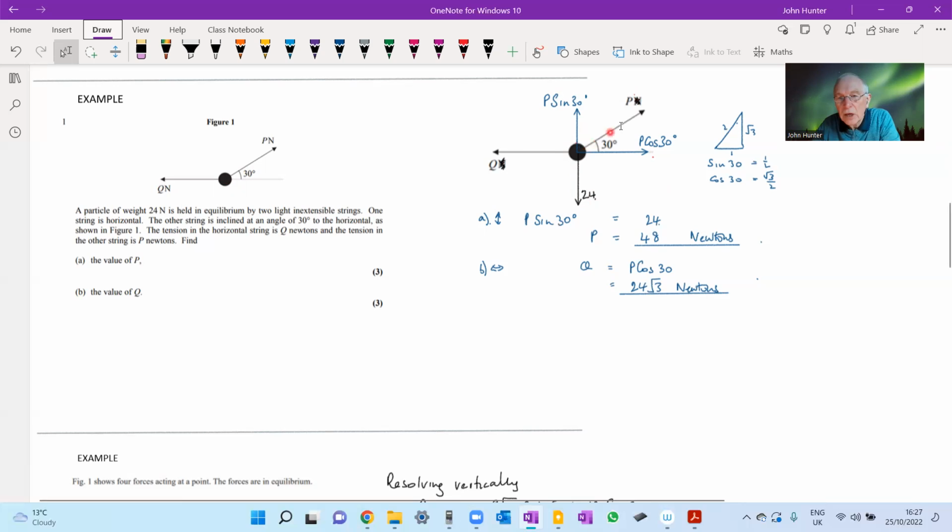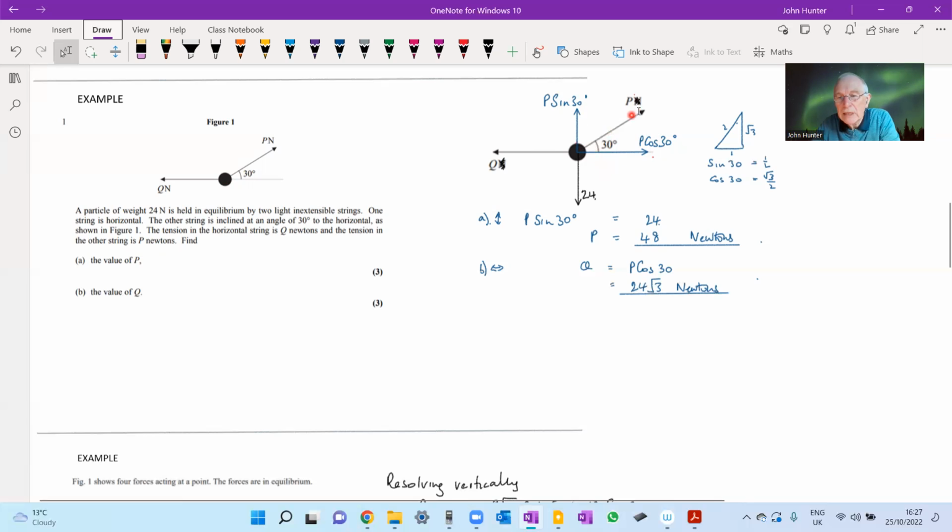Okay, so what we're doing in this problem is this force P here, we're going to resolve into its two directions, very similar to the example above. So in this horizontal direction, the effective force is P cos 30 degrees, and in the vertical it's P sine 30.